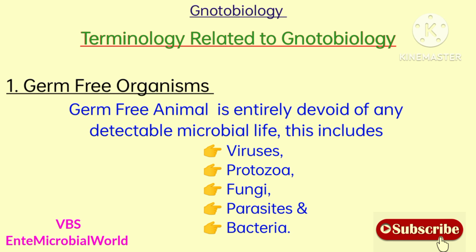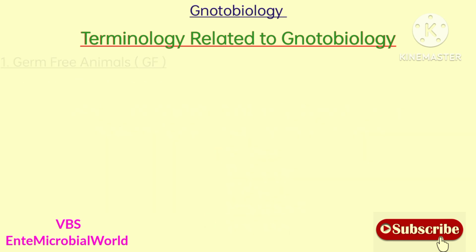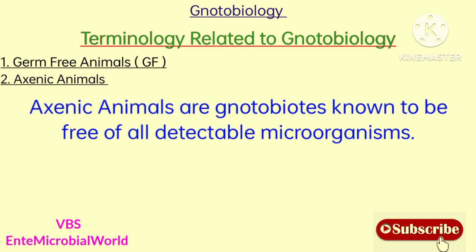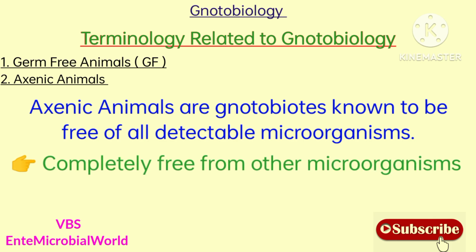This includes viruses, protozoa, fungi, parasites and bacteria. Axenic animals. Axenic animals are gnotobiotes known to be free of all detectable microorganisms. That is, axenic animals are completely free from other microorganisms.